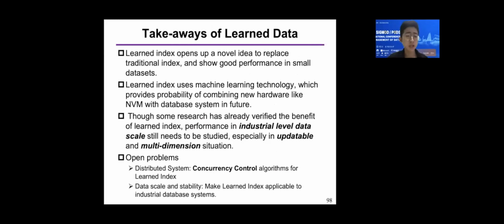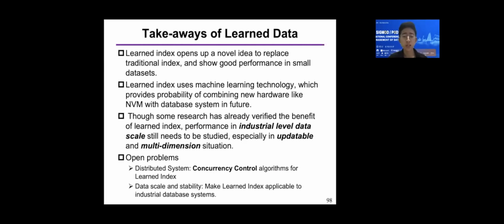So in conclusion, the learning-based method opens up a novel idea to replace traditional data structures like indexes and shows good performance on small data sets. And learned indexes use machine learning techniques that can provide the possibility to combine with new hardware.